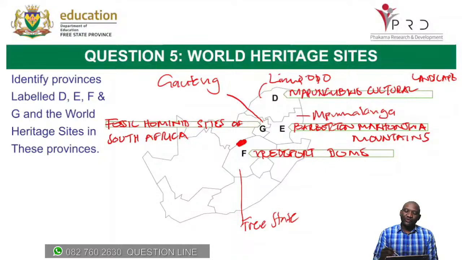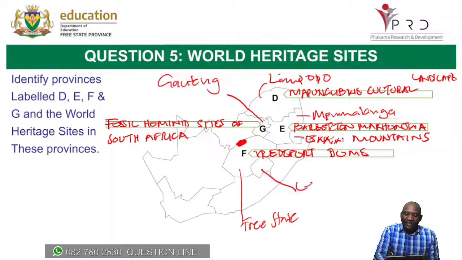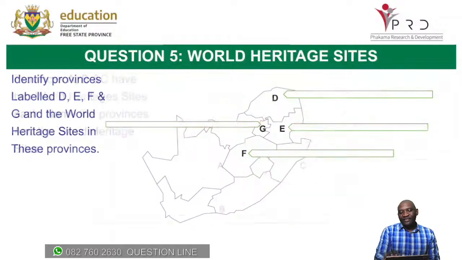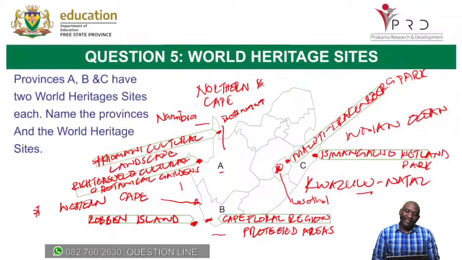And not forgetting that we have 2 landlocked countries. The one next to Mpumalanga, we have Eswatini here. It's closer to Mpumalanga, and then the one that we have here, we've already identified it, and we said that is Lesotho. Right, so that is our 10 World Heritage Sites.